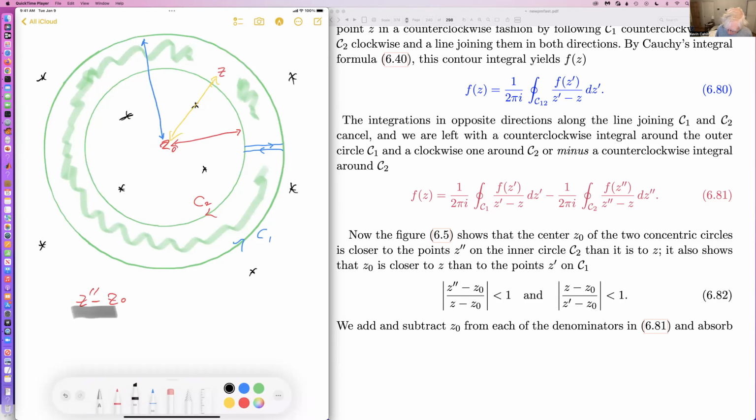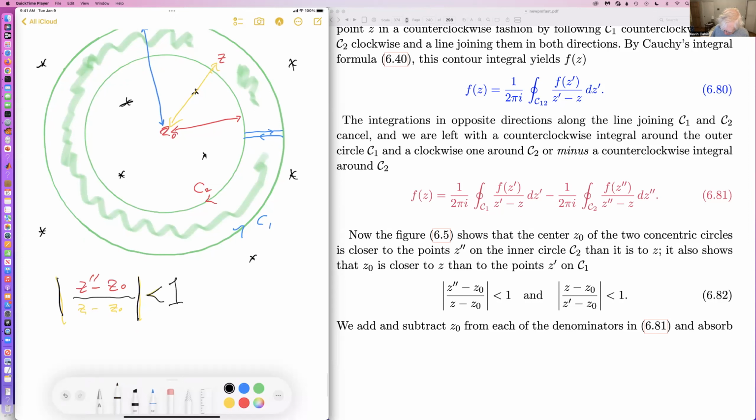And now I'm going to divide by z minus z0, and z minus z0 is yellow. And so in absolute value, that's less than 1. In fact, I can make it like that.